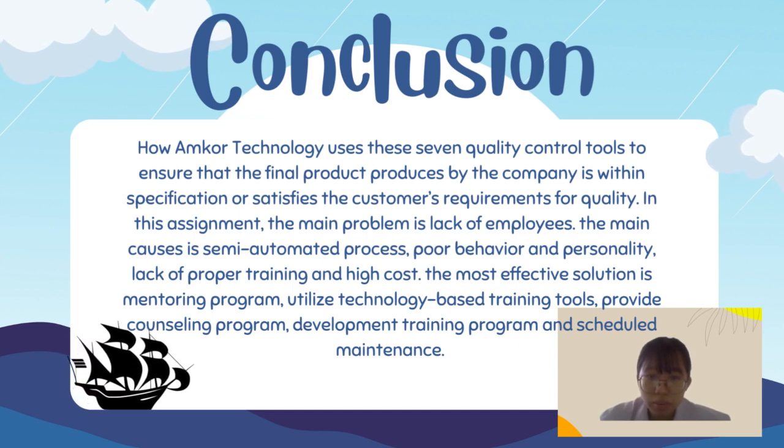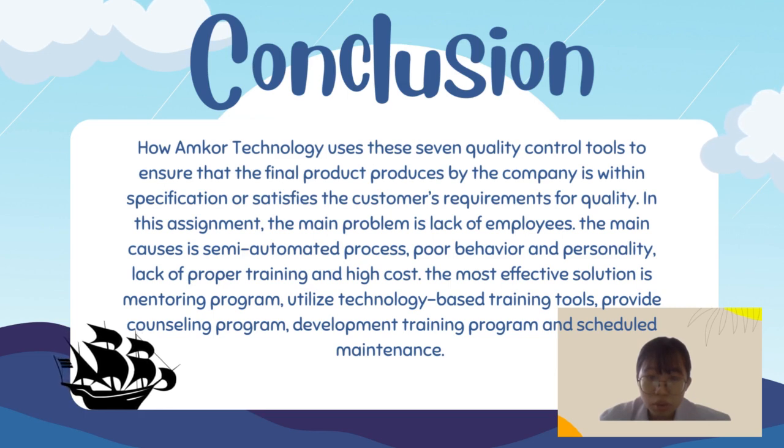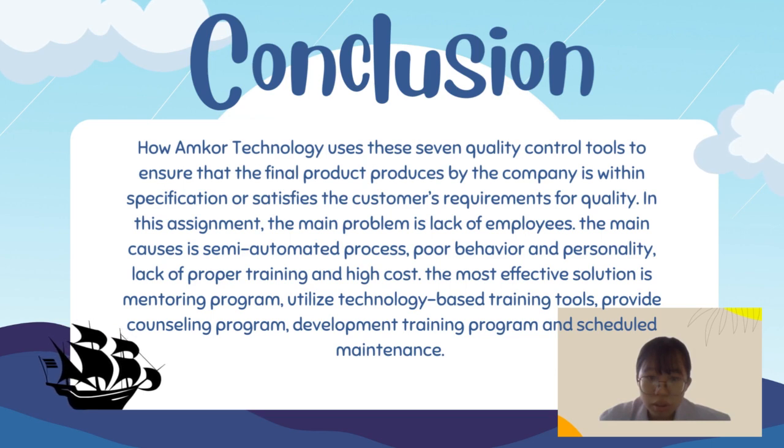Referring to the Ishikawa diagram and the interrelationship diagram, the main causes of the problem are the semi-automated process, poor behavior and personality, lack of proper training, and high cost. Through the matrix diagram, the most effective choices are the mentoring program, utilize technology-based training tools, provide counseling program, development training program, and scheduled maintenance.